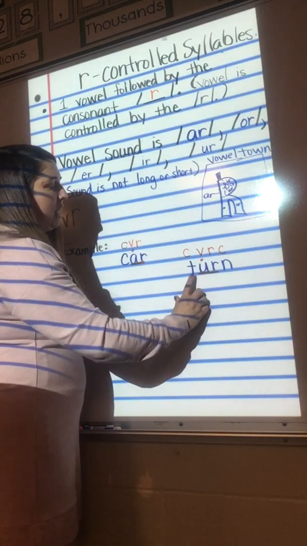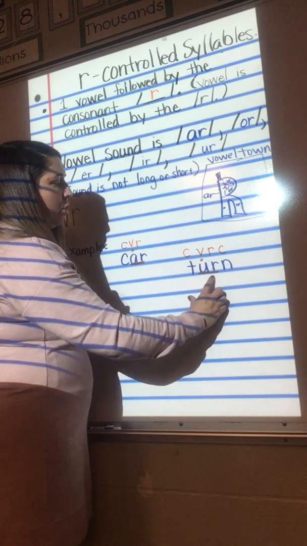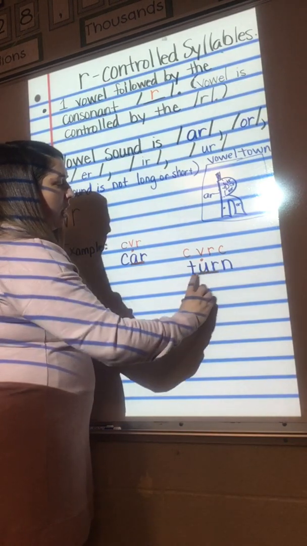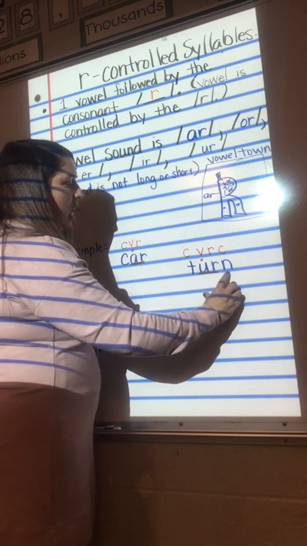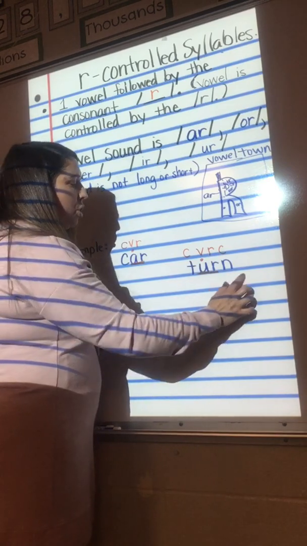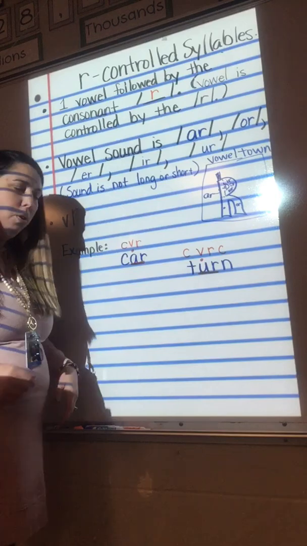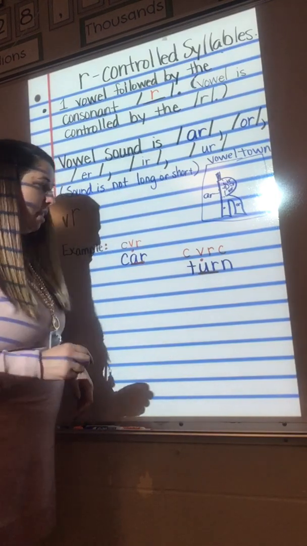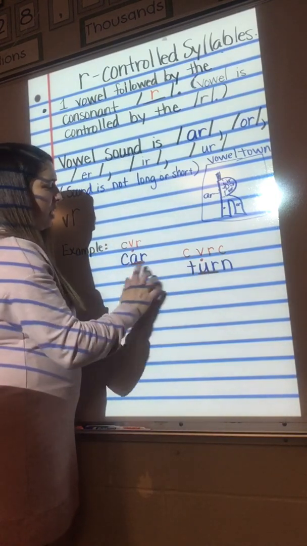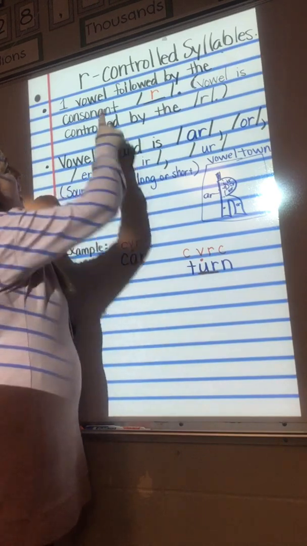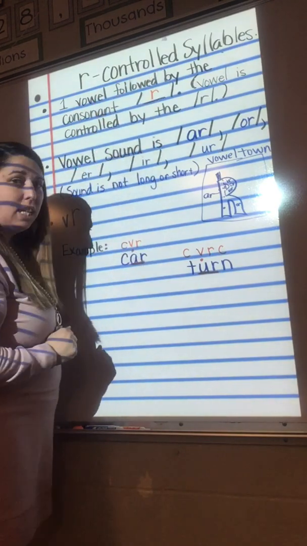So I've got T, UR says er, and the N says N. T, earn. Put it together, it says turn. Well, let's see how many syllables. Ready? Turn. Oh, how many syllables? One. So both of these words we have identified as R-controlled syllables.